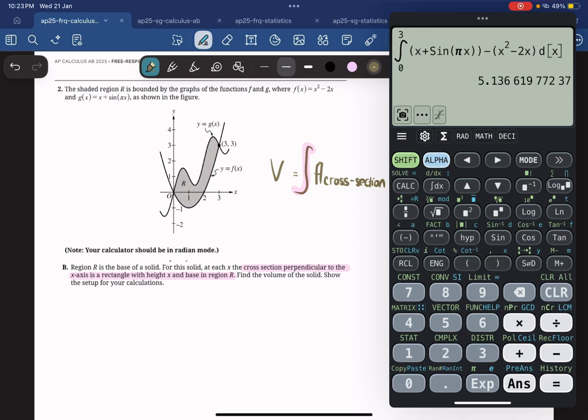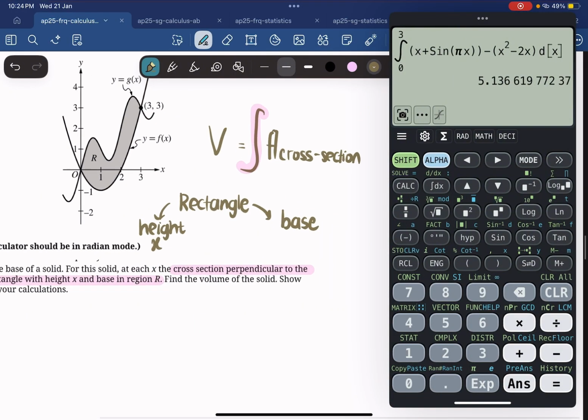What is our cross section here? It's a rectangle. It's given that we have a rectangle with a height of x, and a base, they said, in the region R. So what is the base going to be?